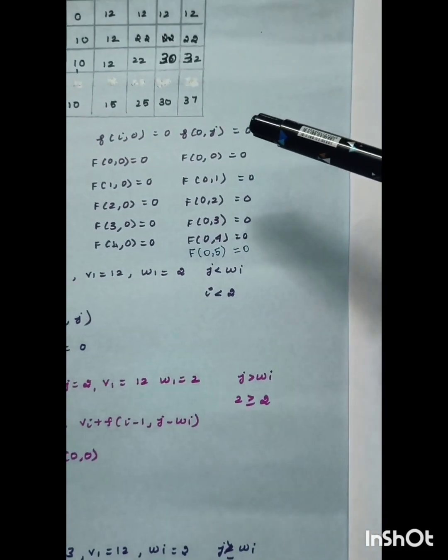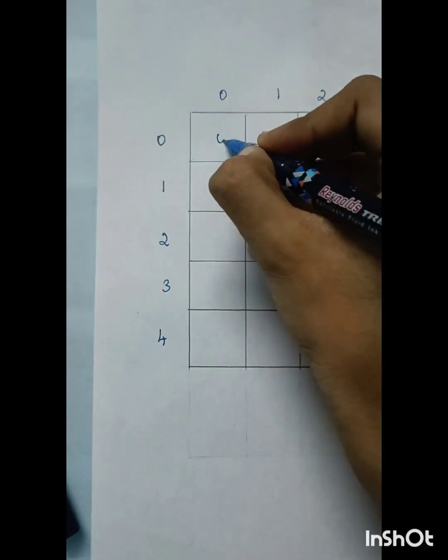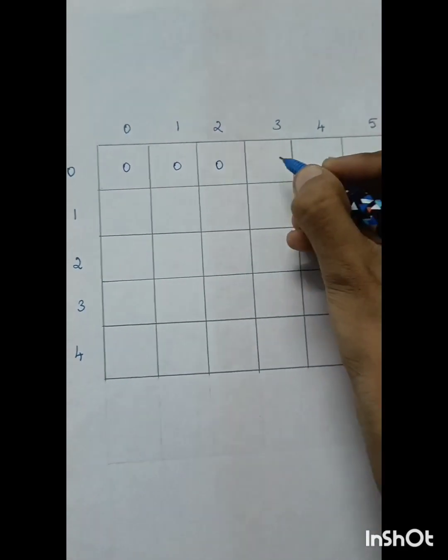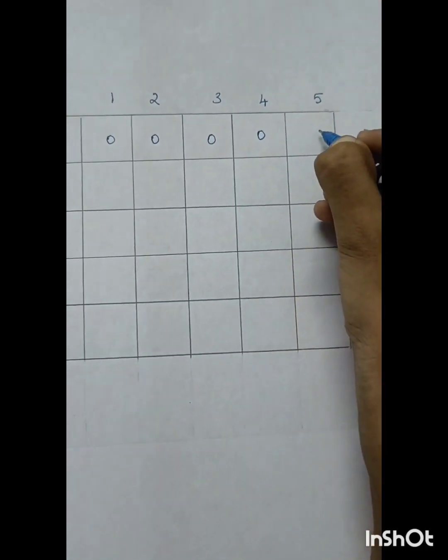Similarly, for f of 0, j, we fill the matrix box of 0, 0 equal to 0, 0, 1 equal to 0, 0, 2 equal to 0, 0, 3 equal to 0, 0, 4 equal to 0 and 0, 5 equal to 0. Similarly, here also.